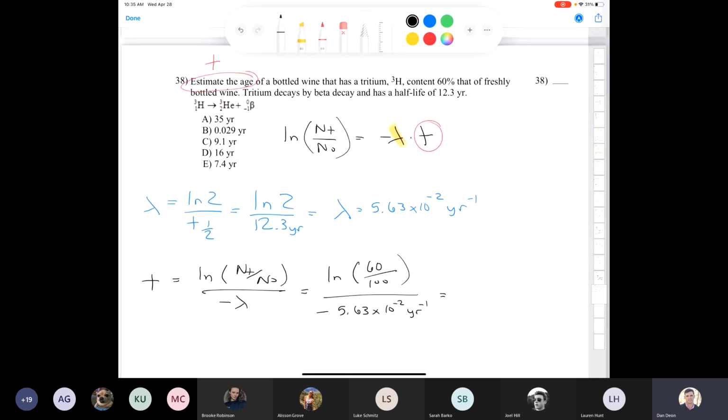If I have years to the minus 1 in my denominator, then I end up with years as the unit, and I end up with 9.1 years as the final answer. And again, I should only have 2 sig figs because I've only got 2 sig figs here. So 9.1 years.